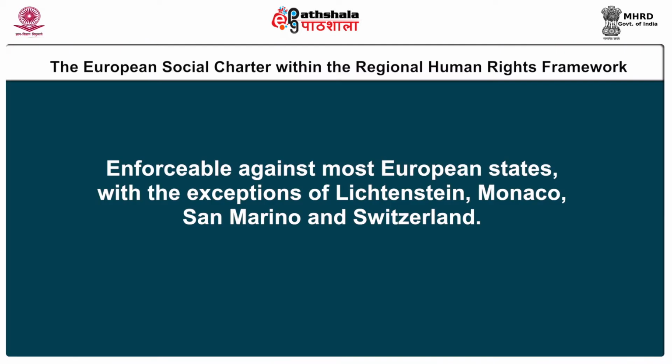The European Social Charter has been ratified by 43 out of 47 members of the Council of Europe. It is therefore unenforceable against most European states with the exceptions of Liechtenstein, Monaco, San Marino and Switzerland.